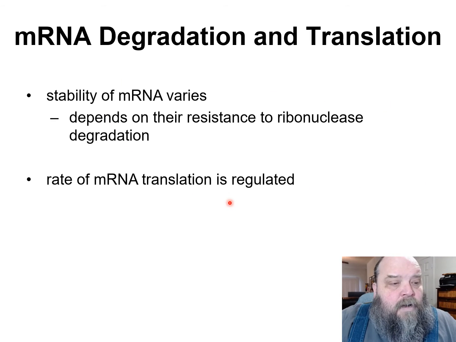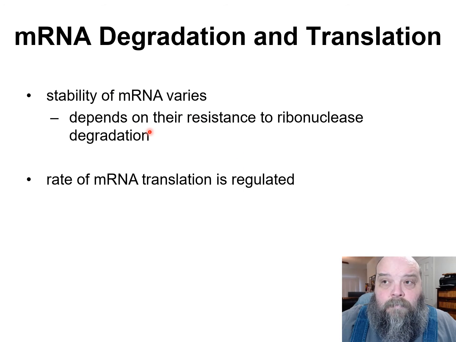When we look at mRNA, because remember that's what transcription ultimately is going to yield, an RNA copy of a DNA gene that's part of your genome, the stability varies depending upon secondary structures. Think back to last semester when we were talking nucleic acids.